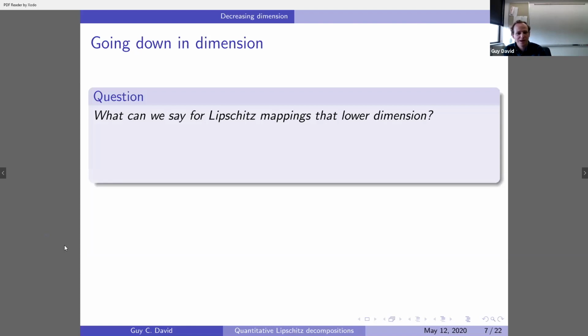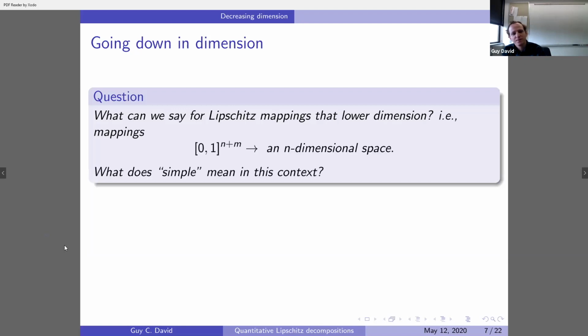So let me just state the question again in a slightly more general way. You have a Lipschitz mapping that lowers dimension. Okay, so you have a mapping from, now I'm going to call it, n plus m dimensional Euclidean space to some n dimensional space, which if you like, you might as well think of as Rn, but I'm going to be a little bit more general. Okay.